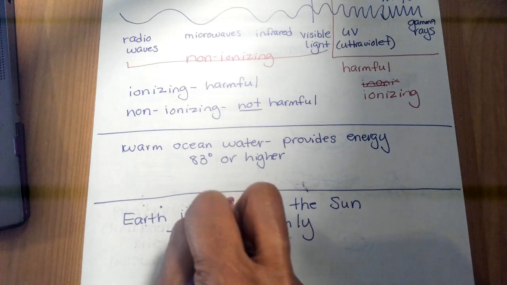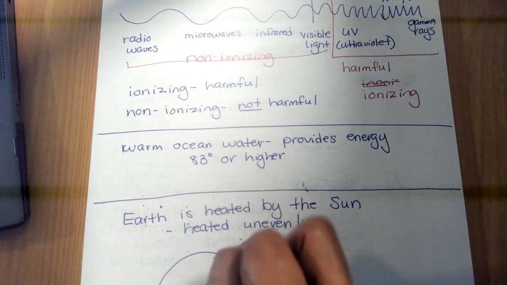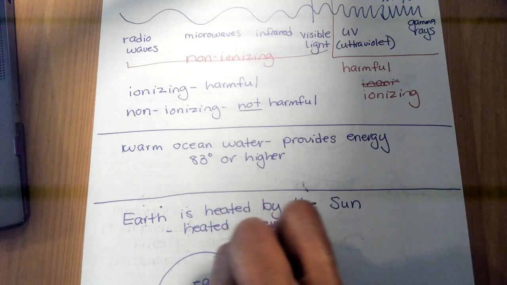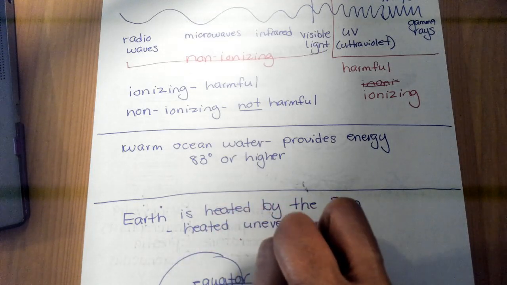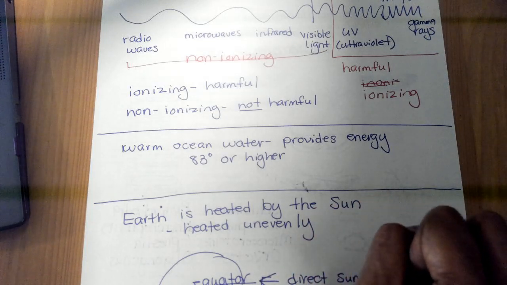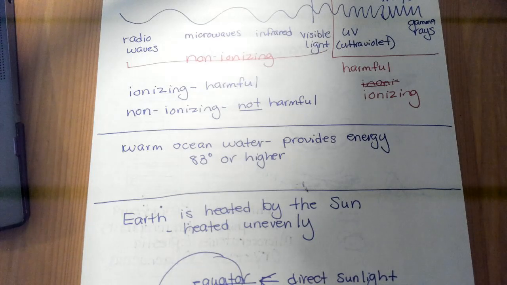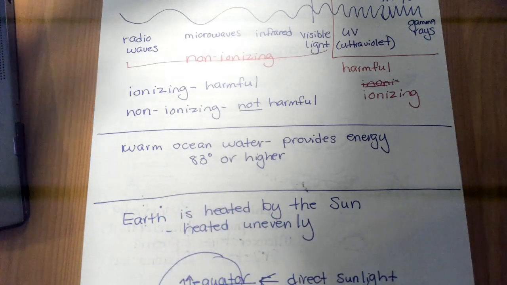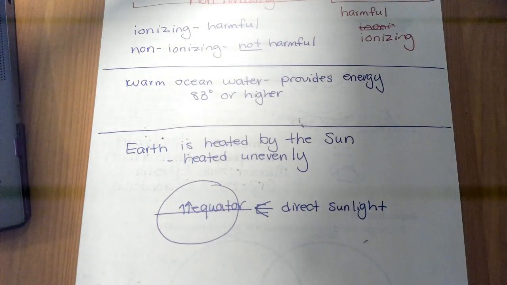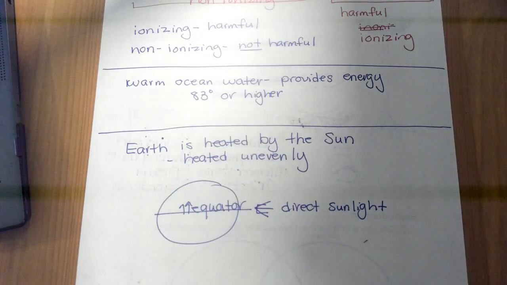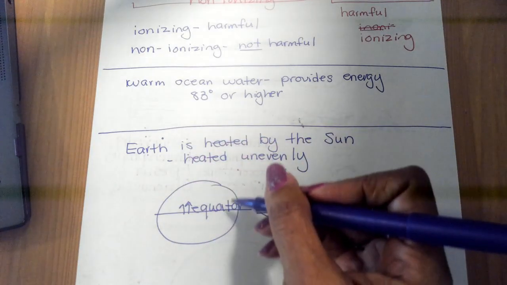So remember the equator, it gets direct sunlight all the time. Okay, so Earth is not heated evenly because sunlight, like I said, hits the equator, and then the warm air rises. But as the heat rises, it cools off, and then it sinks, and then it's reheated again.